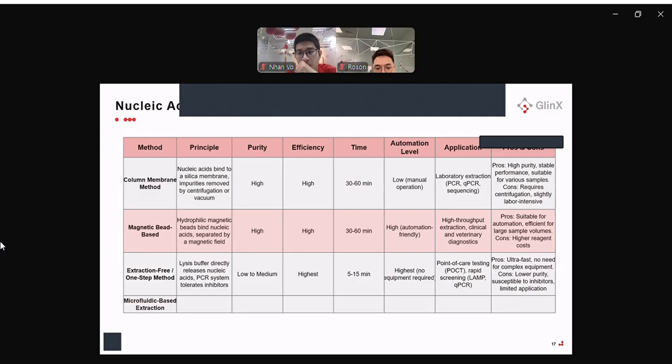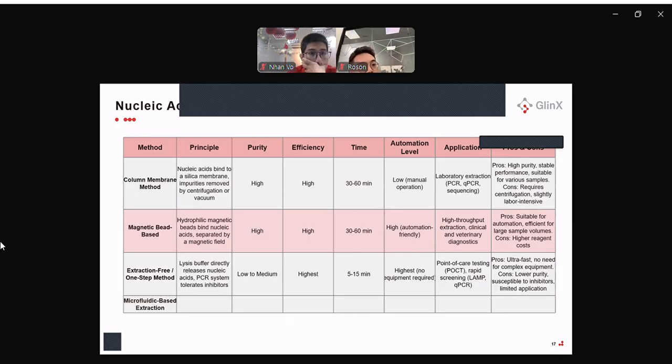A lot of people still recognize this method as the conventional extraction method.